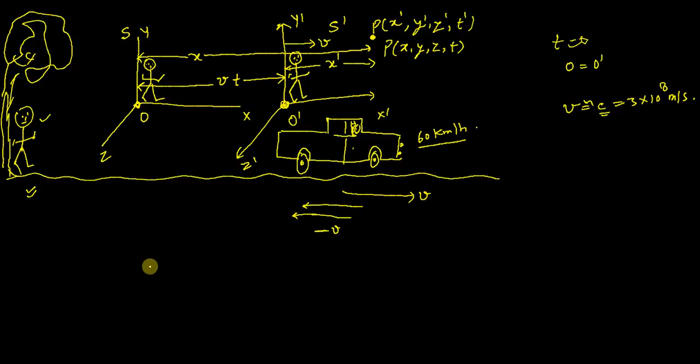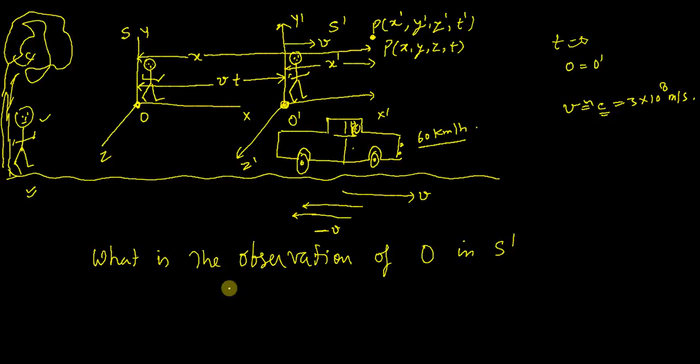But the point here is, we have to develop a relationship: what the observer who is stationary, at rest, observes for that event in the moving frame, right? Our main purpose is to find the observation of O in the S prime frame and the observation of O prime in the S prime frame, right?